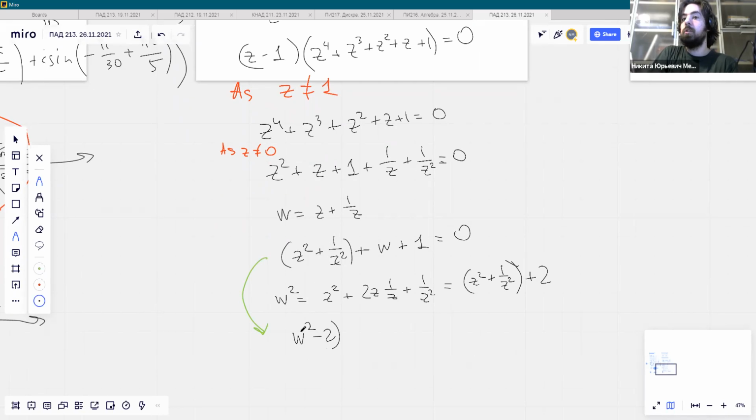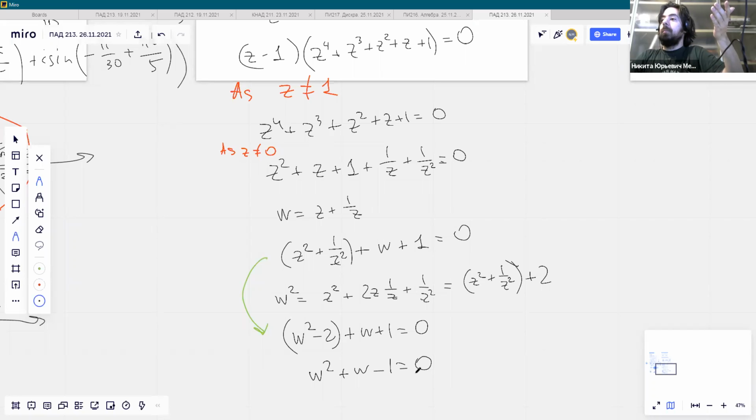W squared minus 2 plus W plus 1 equals 0, which means that this is the quadratic equation for W. My goal was to find W, and I have a quadratic equation for it. We can solve it. Any questions at this moment? Let me make a pause before I solve it.